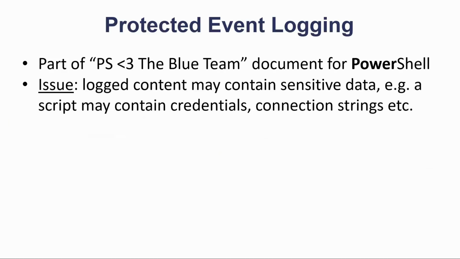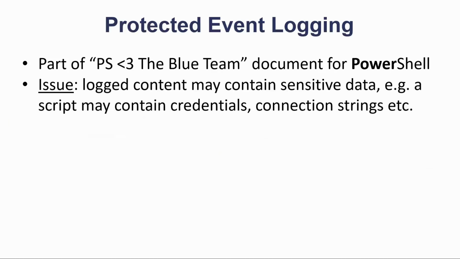So there is an issue. Sometimes you can log PowerShell events with module logging, etc., and you can get in the event viewer all the actual commands that are run by console and scripts. But the issue is sometimes the content that gets logged may contain sensitive data. For example, credentials, if you're not too careful about them, but even other things that seem more straightforward, like connection strings, even server names and some entities.